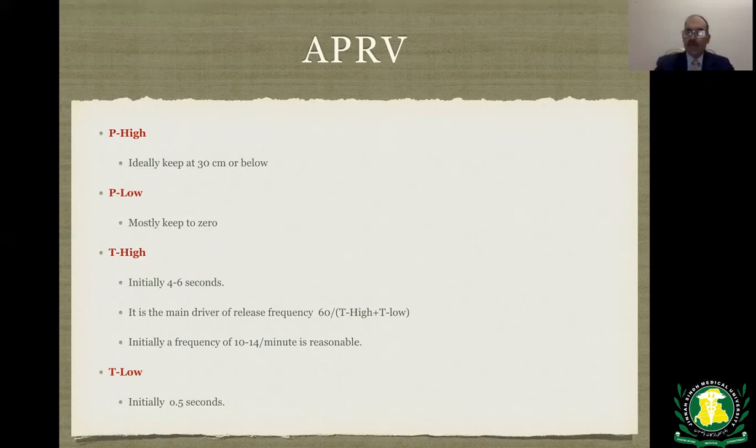Low pressure, P low, should be 0. T high means the time for the higher pressure, usually 4 to 6 seconds, and it is the main driver of release frequency. T low means the time for the low pressure. Initially, it should be 0.5 seconds.